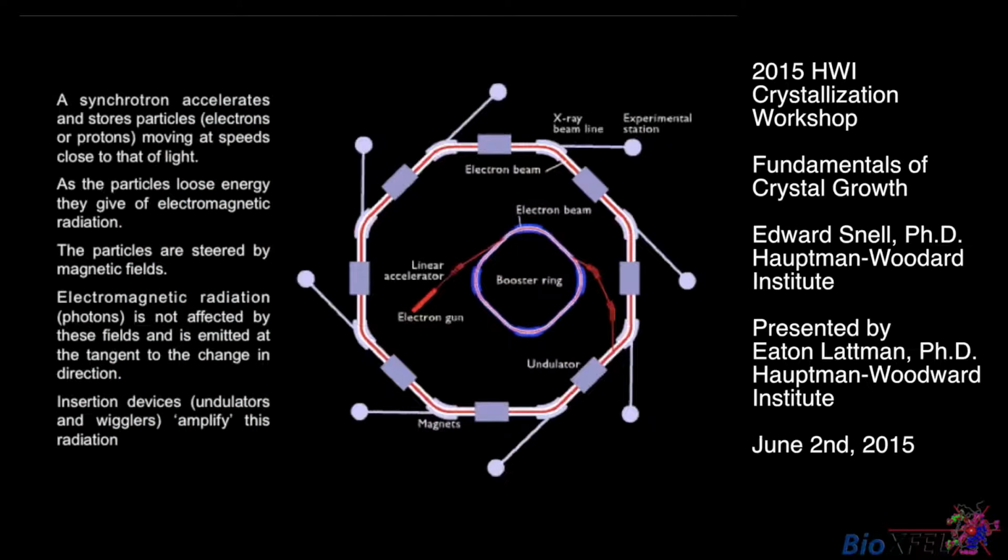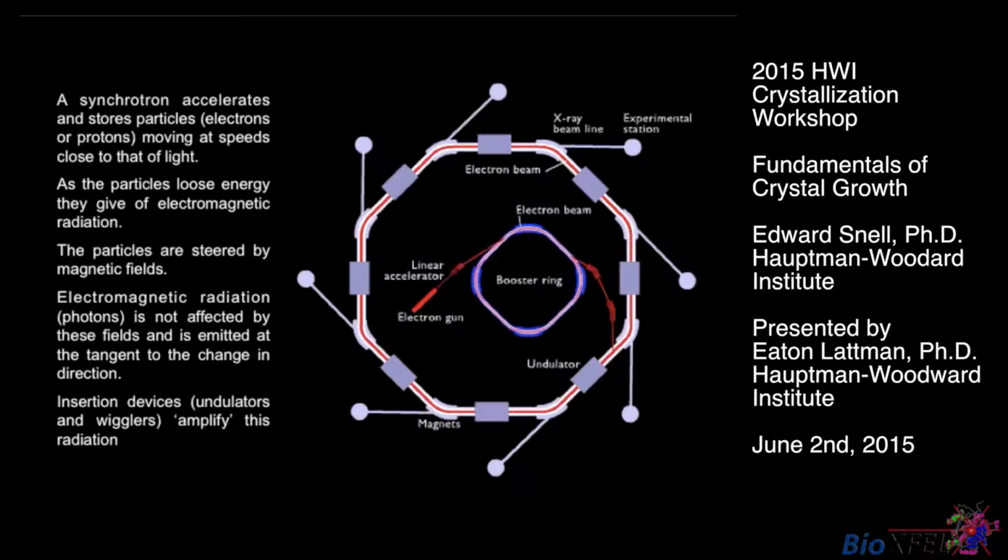Synchrotrons harness powerful magnets and the technology from particle physics to create storage rings around which electrons go. At the corners of these rings, where the electron beam changes direction, there are magnets called bending magnets that bring them around the corner.